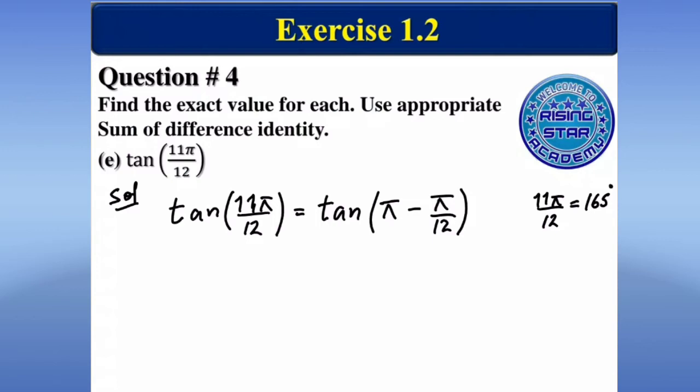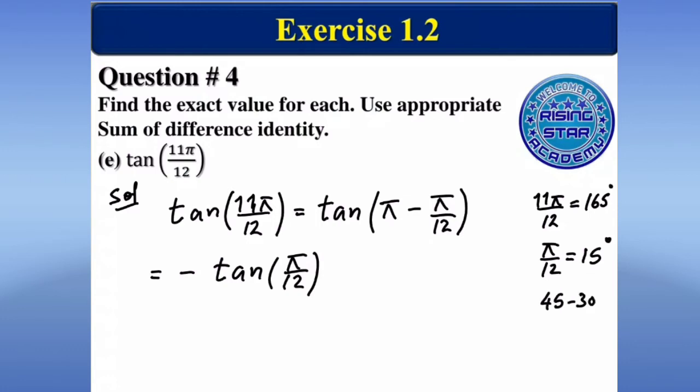So now the next step that would become negative tan of pi by 12. Pi by 12 is equal to 15 degree. Now we can write 15 as 45 minus 30, which is equal to 15.